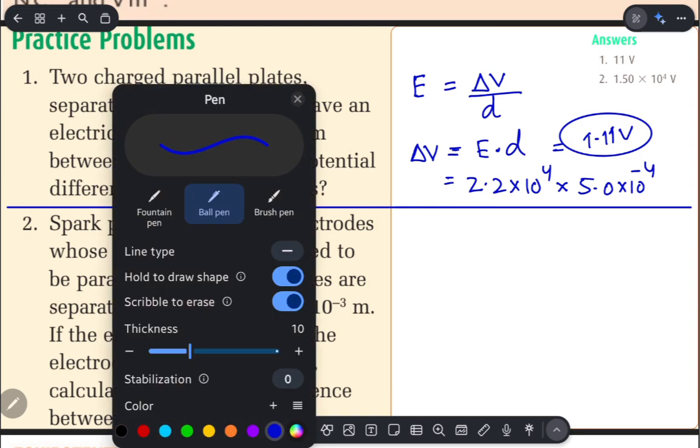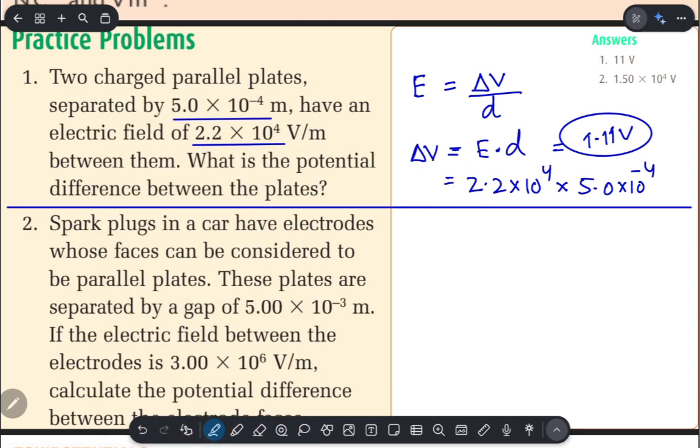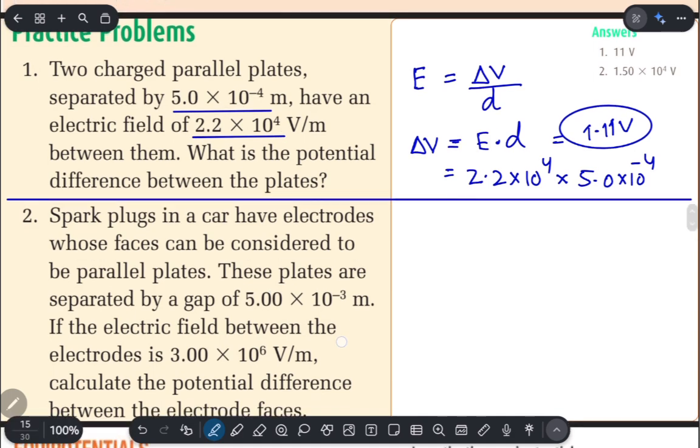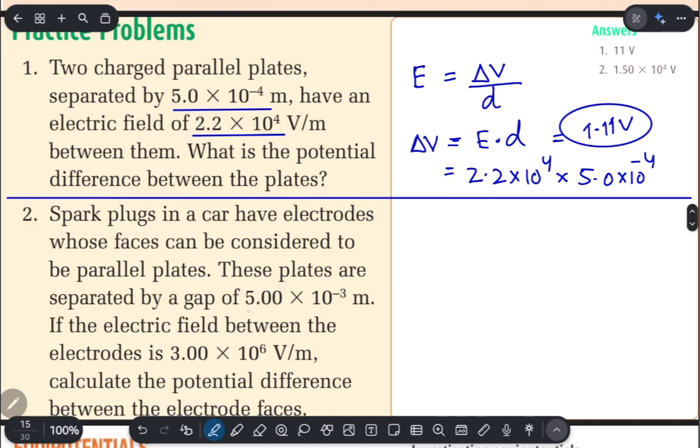Now for the same situation, I have another question. A spark plug of a car has electrodes whose faces can be considered parallel plates. Yes, this is a practical question. The plates are separated by a gap of 5.0 times 10 to the power minus 3 meter. If you have seen the spark plug of your car, there is an ignition point, and this is the spark, the distance where the spark occurs.